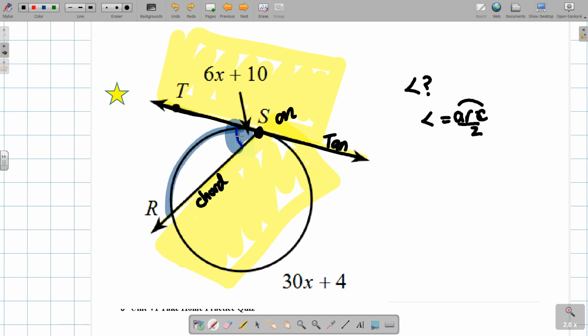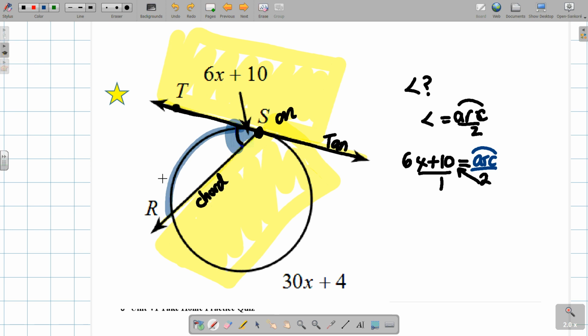So in this case, we're given that the angle is 6x plus 10 equals that blue arc, which we don't know, over 2. So I want that arc. Obviously, you multiply by 2.